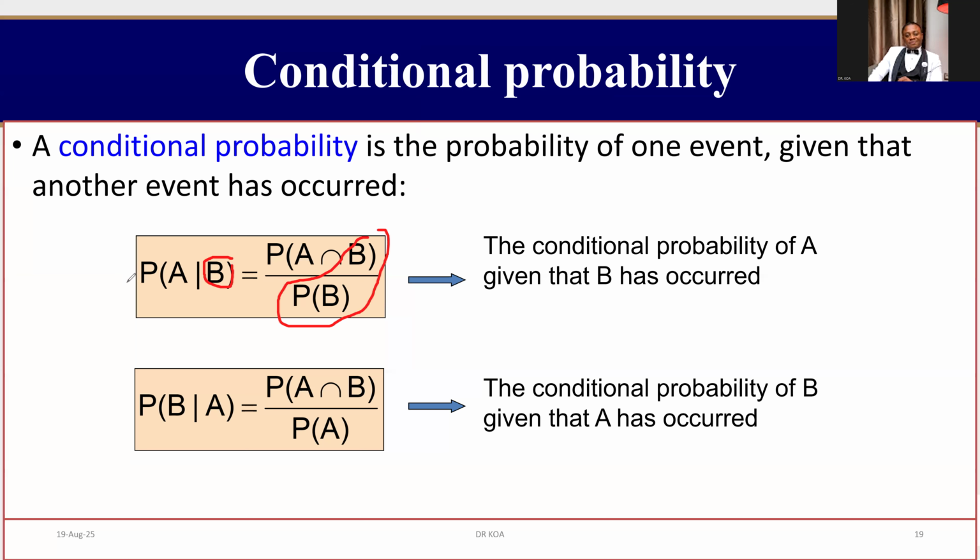So when you have probability of A given B, B will come to the denominator. And when you have probability of B given A, because A is the one given here, A comes to the denominator. Take note. But the numerator doesn't change. It's still probability of A intersection B. This is what is known as the conditional probability of A, given that B has already happened.